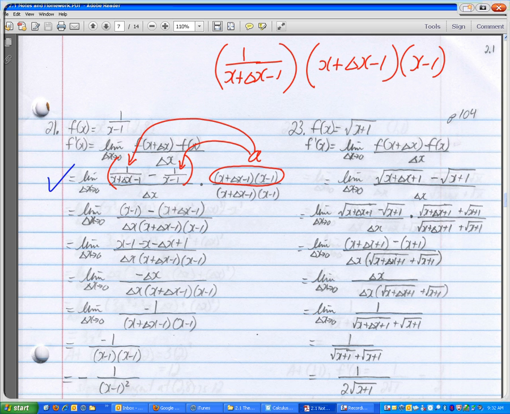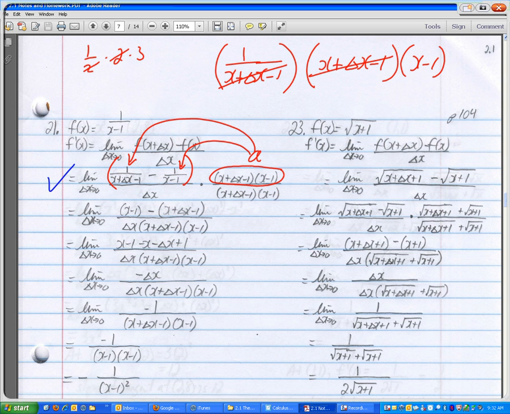Well, look. The whole reason we're multiplying by A is so that we can get rid of the denominator of that fraction so that it's not a fraction anymore. If you had 1/2 times 2 times 3, wouldn't you divide that 2 with that 2 and end up with 1 times 3? So I've got the same thing. I've got 1 over x plus delta x minus 1 times x plus delta x minus 1, divide out the factors of x plus delta x minus 1.